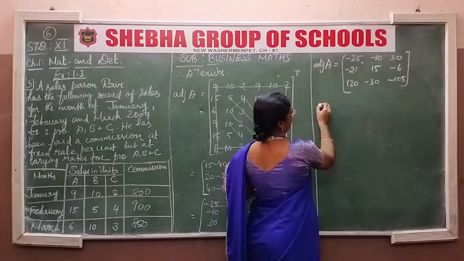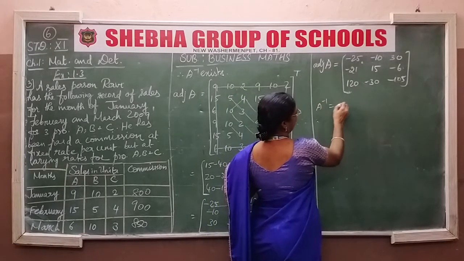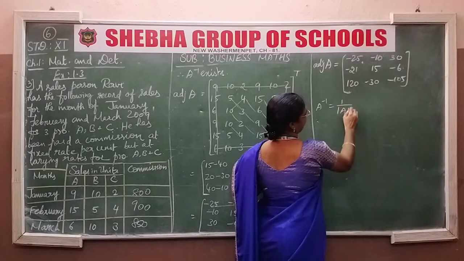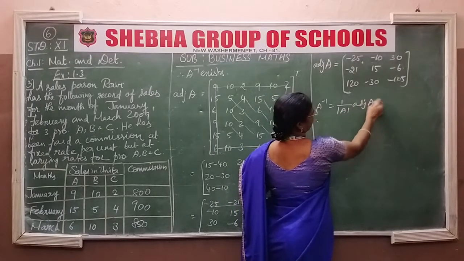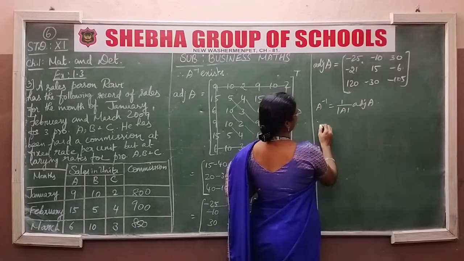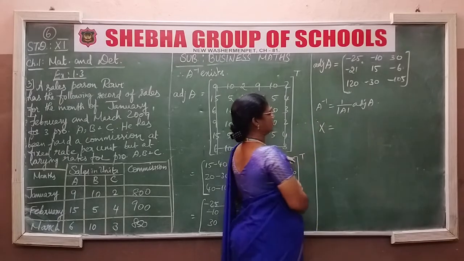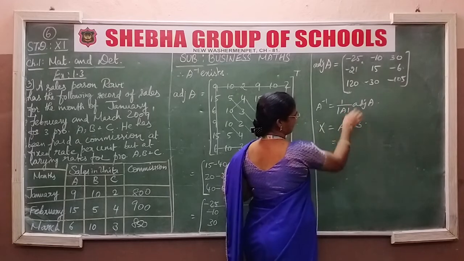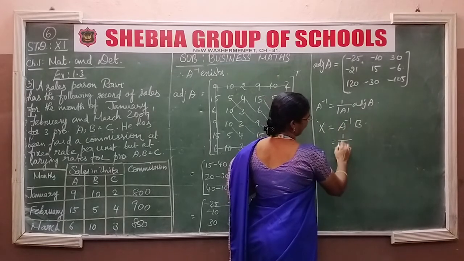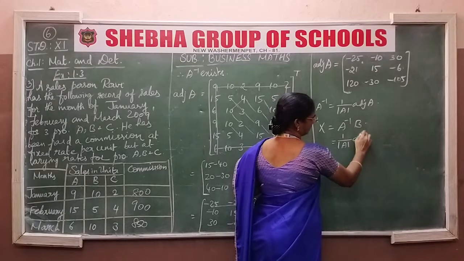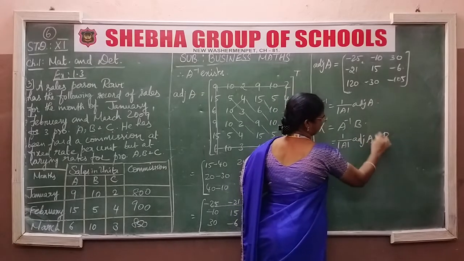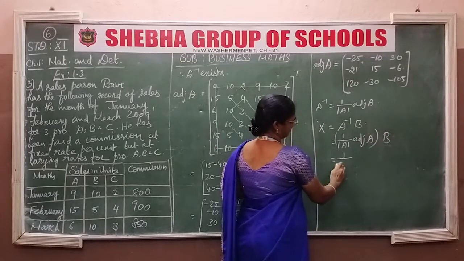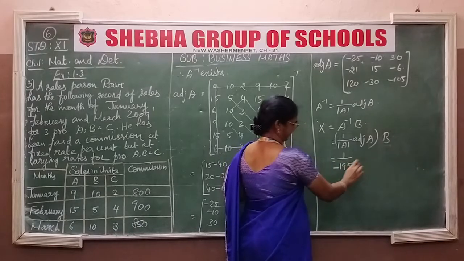Next, what is A inverse? A inverse is 1 by determinant A into adjoint of A. Okay, and then our x equal to A inverse into B. Say, so substituting all this we get 1 by determinant A into adjoint A into B. Okay, 1 by determinant A is minus 1 by 195.